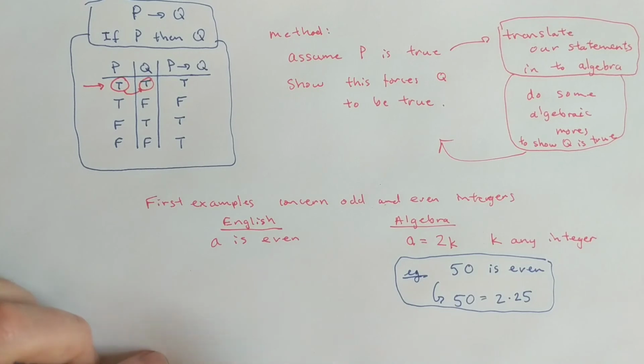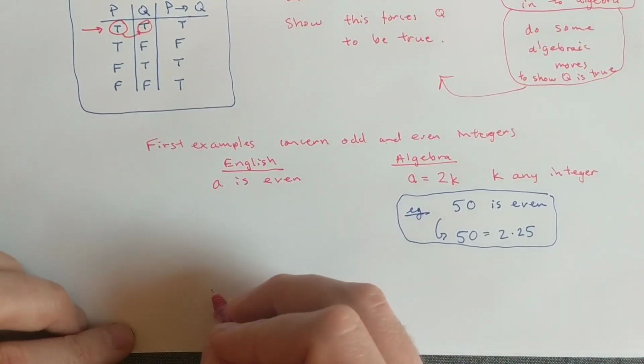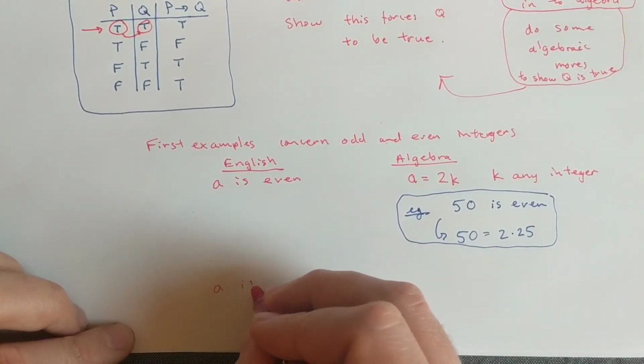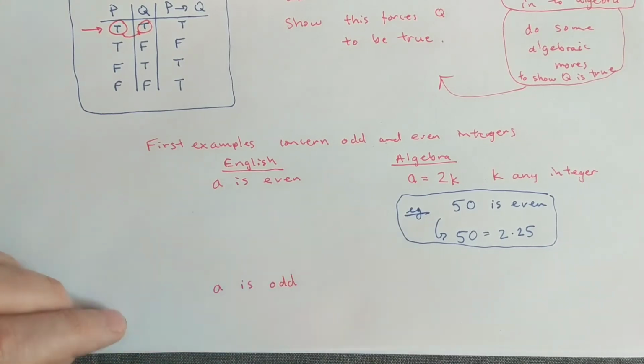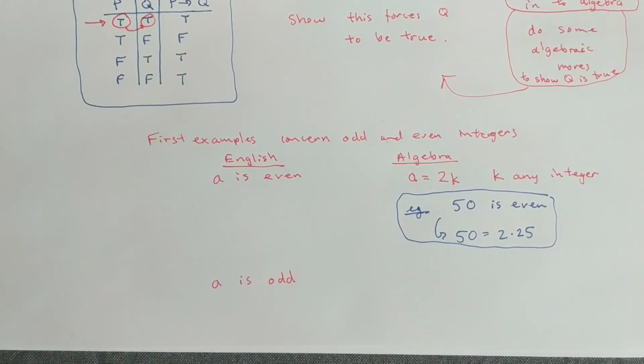And then the other statement we're going to need to translate in the beginning often is that something like A is odd. So what does it mean to be odd? Well, it means you're not even, specifically that you're not divisible by 2, but it turns out in algebra it's hard for us to say often that you are not something. So how can we do this constructively? How can we say something's odd in a positive way?